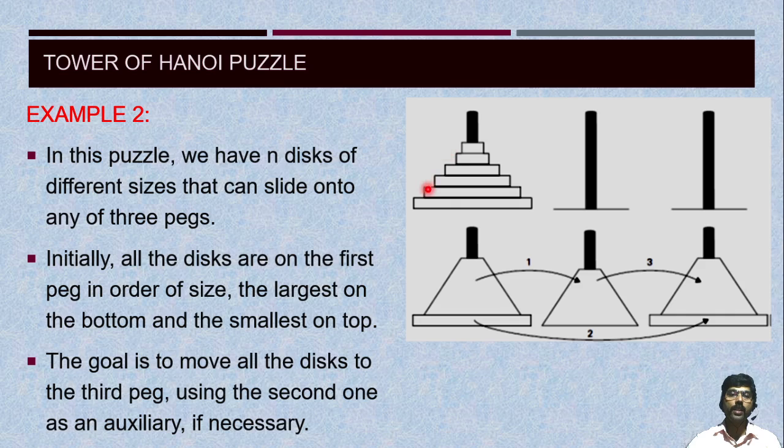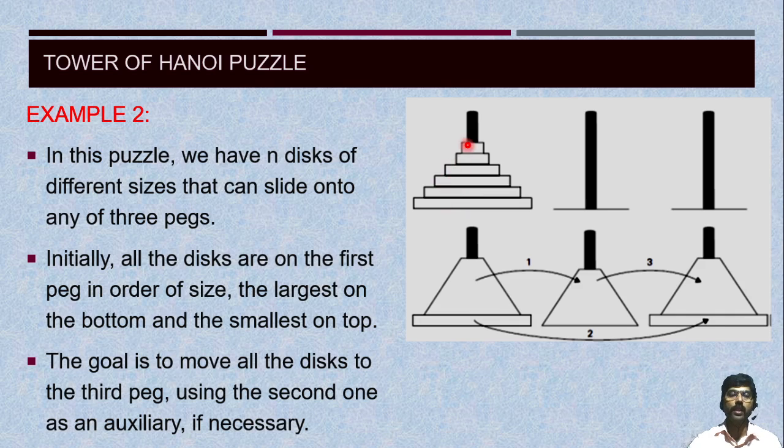In the initial stage, all the discs are on one peg, called peg 1. They are ordered: the largest disc is at the bottom and all the remaining smaller discs are at the top. Above the big disc we have a smaller disc.